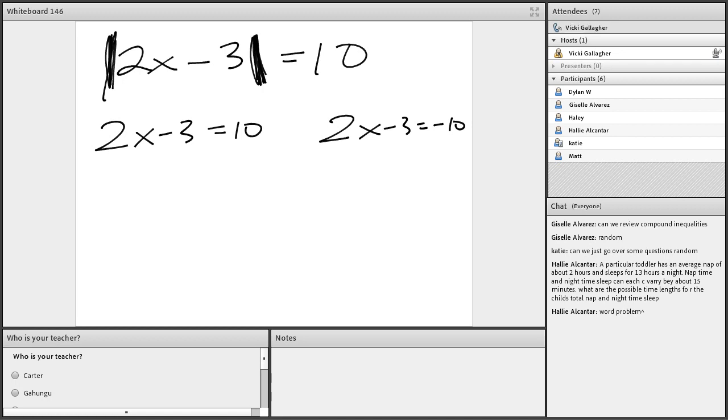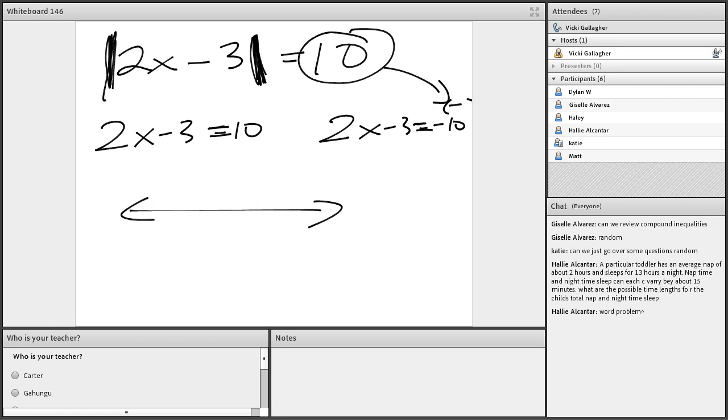On an equal sign problem, you don't have to worry about flipping the equal sign around because it will look the same both ways, but you do still need to take the outside number and make it negative to get your second answer. And if we ask you to graph an equal sign problem, we're looking for just two closed circles with no shading. So to graph an equal sign, just graph closed circles.